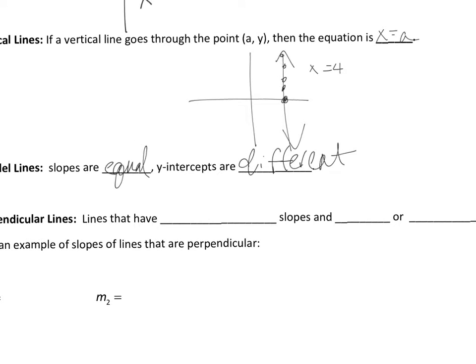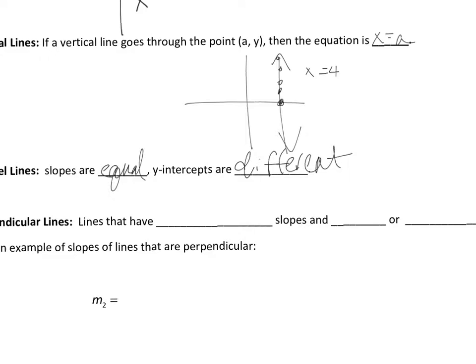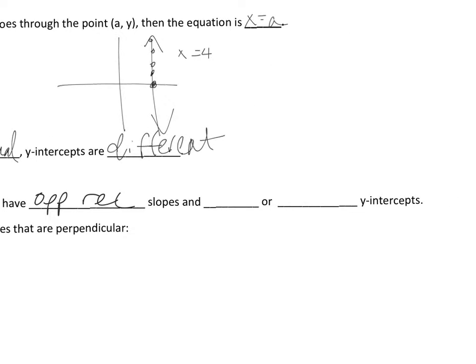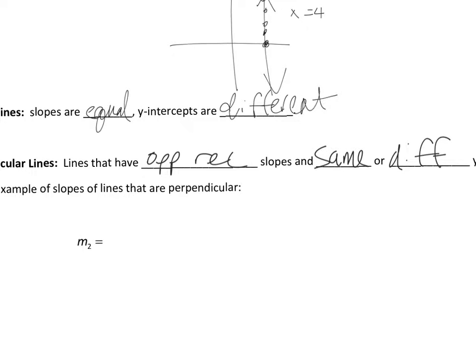Okay, perpendicular lines have, as you know, opposite reciprocal slopes, and the y-intercepts could be the same or different, it doesn't matter. If they go through the same y-intercept but are perpendicular, they're still different lines. They can be perpendicular but have different y-intercepts.